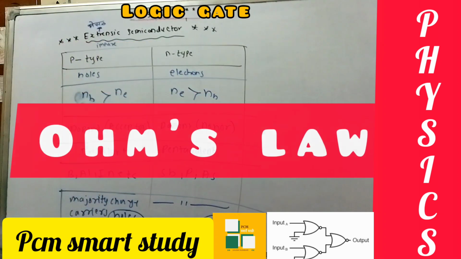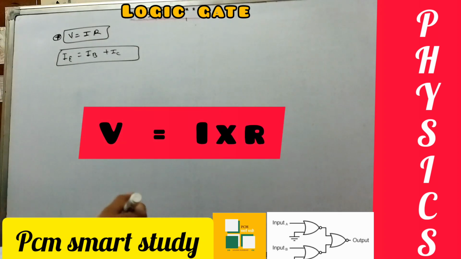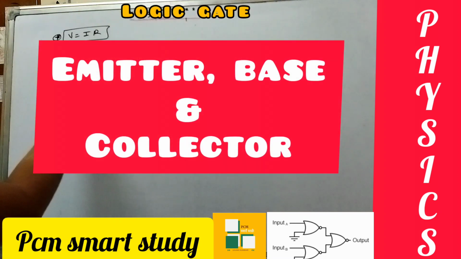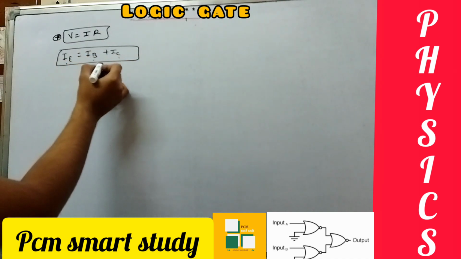Next is Ohm's law. This is a very important formula. V equals IR, V is the voltage. And transistors have emitter, base, collector, and current passes through emitter, base, and the collector.